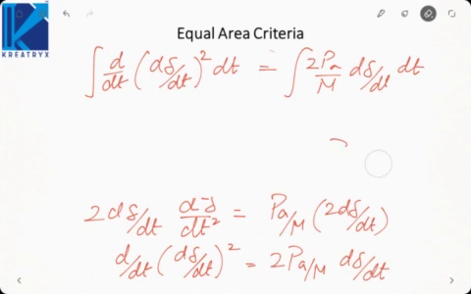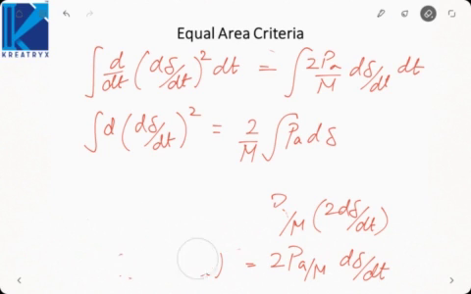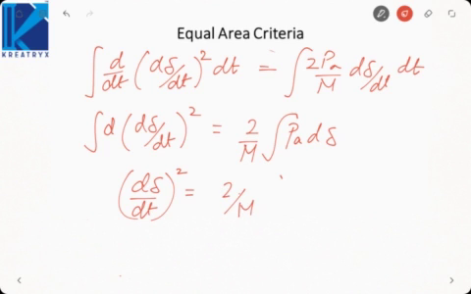Now if you cancel out dt, though it cannot be cancelled directly, it will look much simpler. Since M is constant, this will be Pa dδ. Now if we integrate both sides, we get (dδ/dt)² equal to 2/M times the integral of Pa dδ. Then dδ/dt will be the square root of 2/M times the integral of Pa dδ.